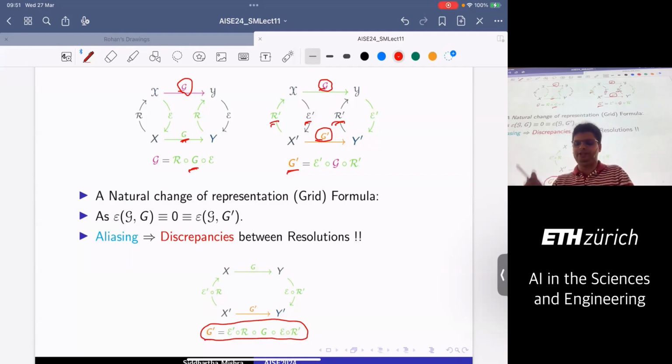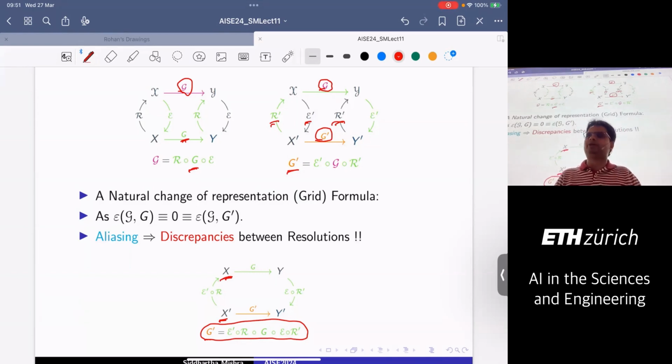And this links G and G prime, the operator on different grids. Let me take a minute to explain this because this is important. I start with this grid, let's say 64 by 64, just for concreteness.